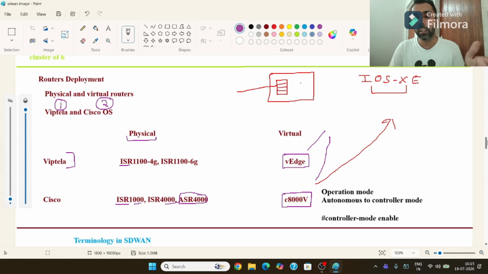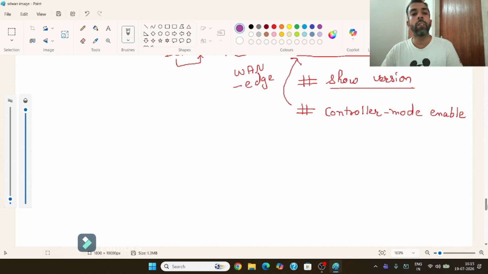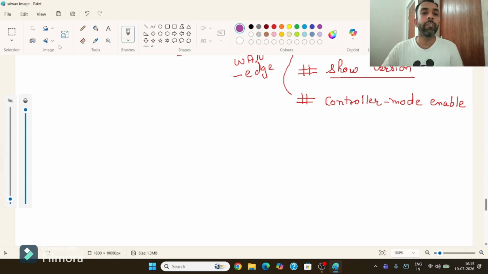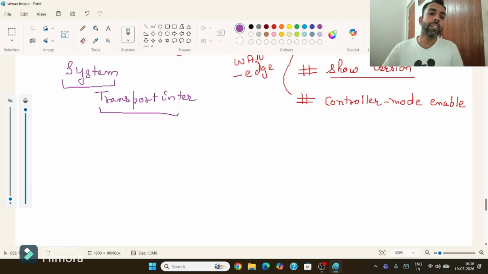Now, as you configured your controllers, in the router's configuration there are also a few initial configuration parts. You have to configure the system, you have to configure the transport interface. Optional is you can configure your management interface.